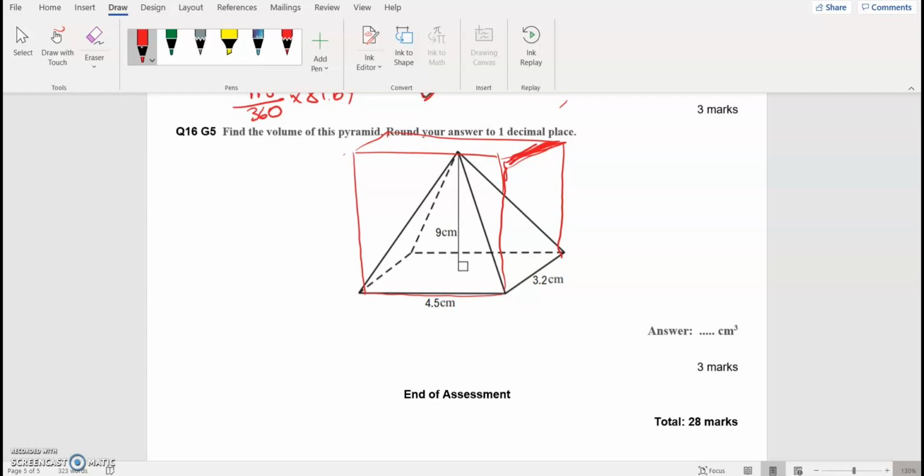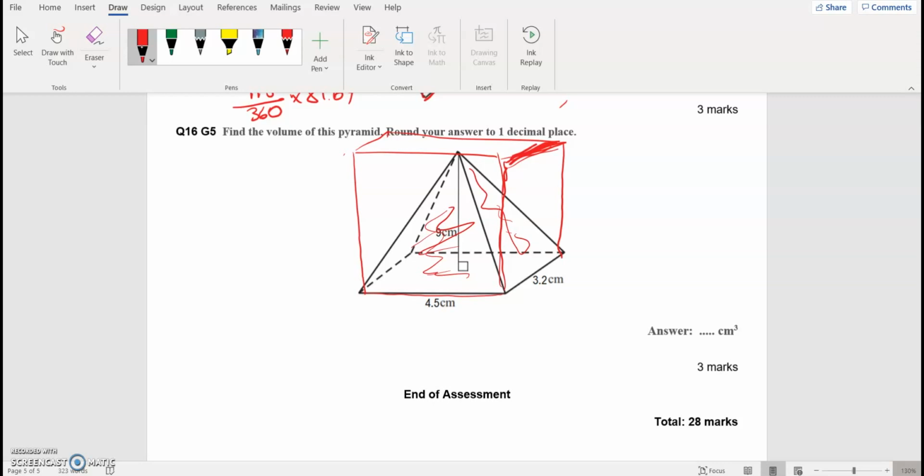So if you imagine this pyramid of jelly, for example, something that you can squish, you can then fit 3 of them within this cuboid.